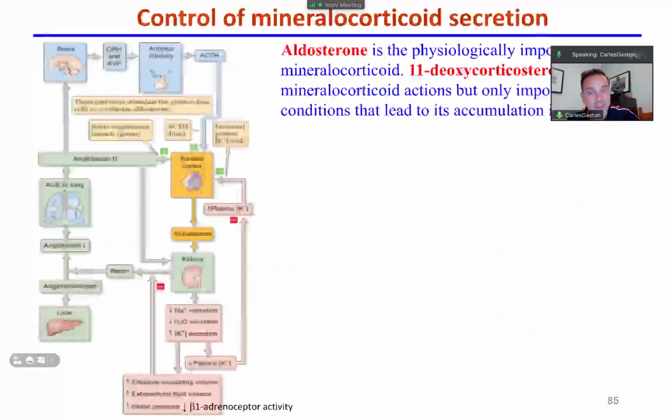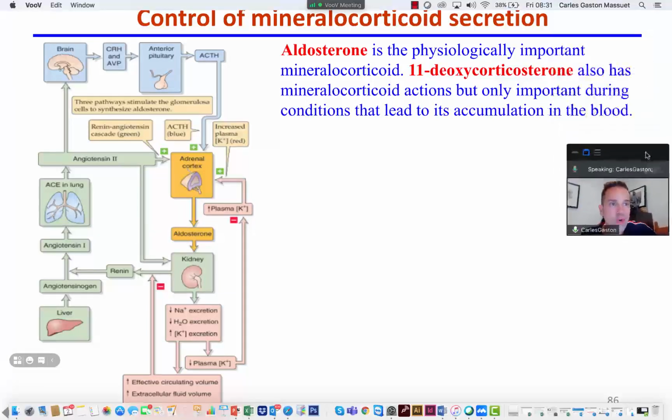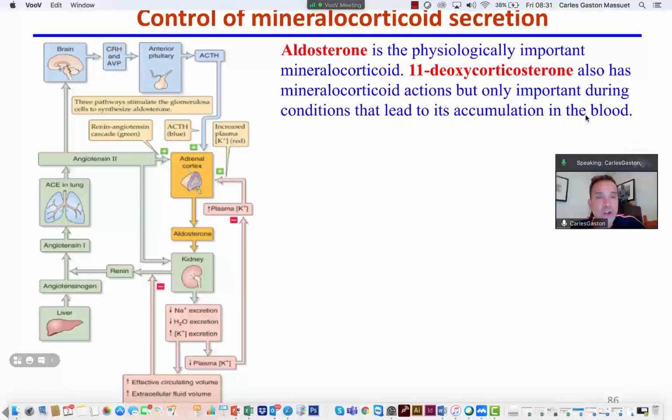What happens is that this zona produces aldosterone, okay, as we saw yesterday. And aldosterone is the physiologically important mineralocorticoid. 11-deoxycorticosterone also has mineralocorticoid action, but it is only important during conditions that lead to its accumulation in the blood.